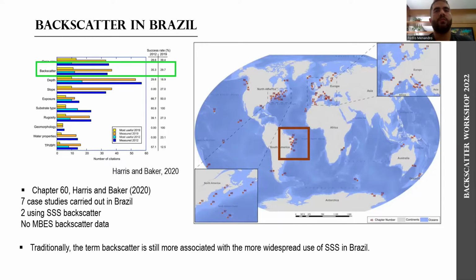So it's important to emphasize that traditionally the term backscatter is still more associated with the more widespread use of side-scan sonar in Brazil. So many people, mainly from hydrographic companies, do not even know how to work with backscatter.